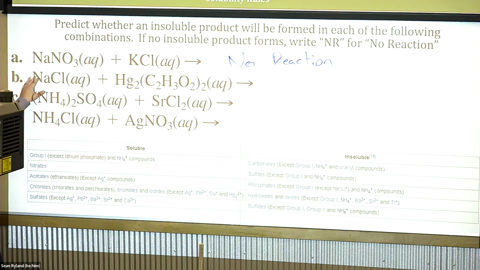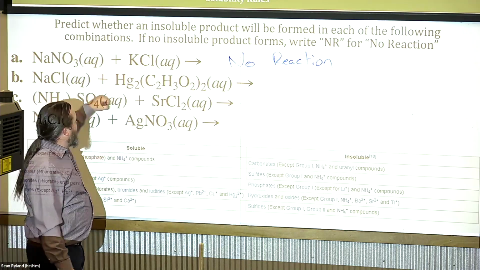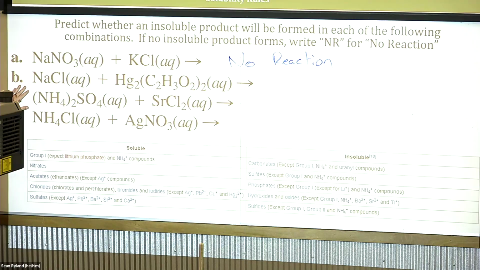We do sodium chloride and mercury 1 acetate. Well, mercury 1, so we know chlorides are usually soluble. We know that sodiums are always soluble, no exceptions.